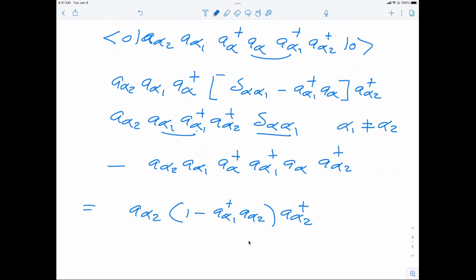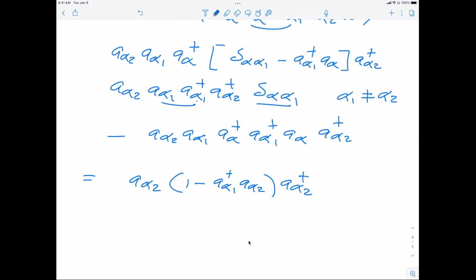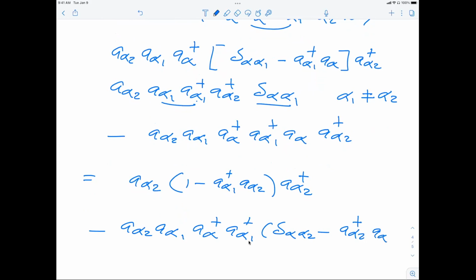Because I have used the Kronecker delta now to simplify one of the expressions here. Then, if you look at the next term, I'm going to rewrite that one as an a alpha 2, a alpha 1, a alpha dagger, a alpha 1, and now I'm going to have a delta alpha, alpha 2 here, minus an a alpha 2 dagger of a alpha.